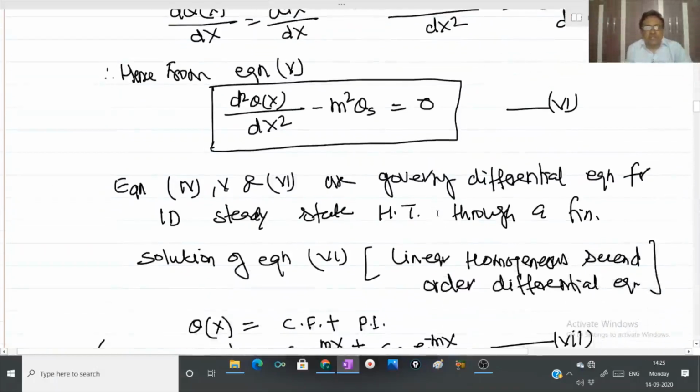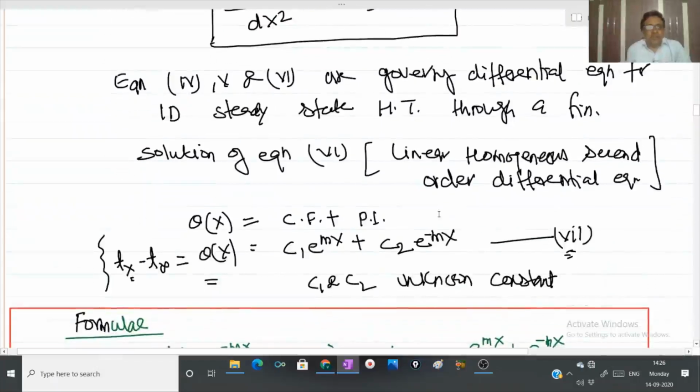Now the solution of this governing differential equation 4, 5 or 6 will give me any unknown temperature T(x) along the length of the fin at distance x. Equation 6 is a linear homogeneous second order differential equation, and the solution of this equation will have two components: one part called the complementary function and another part called the particular integral.